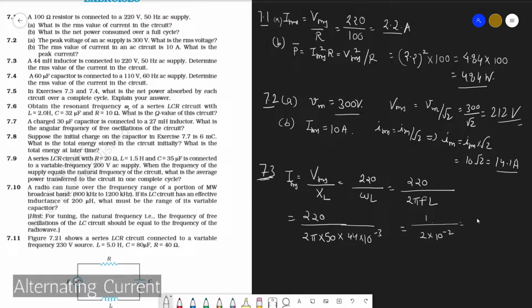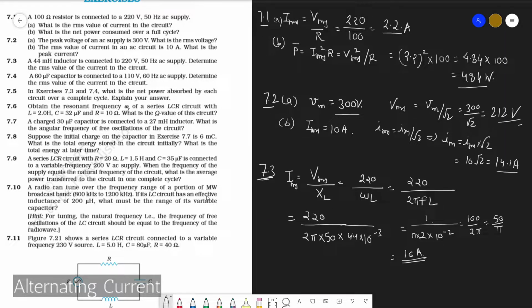So this is nothing but 100 by 2 pi, which is nothing but 50 by pi. So if you calculate this 50 by pi, it means somewhere around 16 ampere you will be getting. Anyway, this is the current.